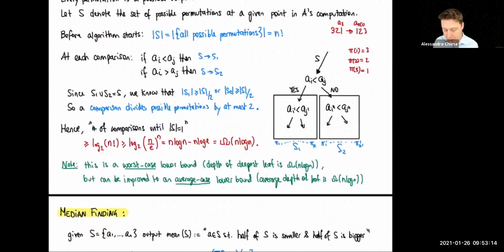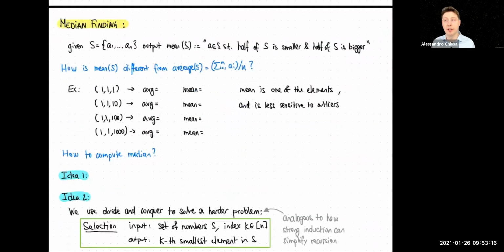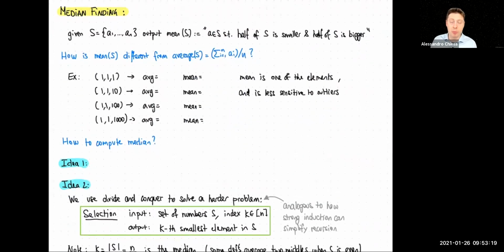So now we're going to talk about median finding. It's another operation on lists, not arithmetic, just some other operation on lists, also unrelated to sorting, by the way. Let's just make sure that we agree on what we're trying to do. We're again given a list of numbers, okay?